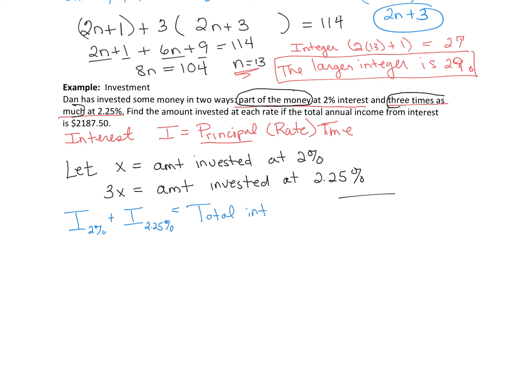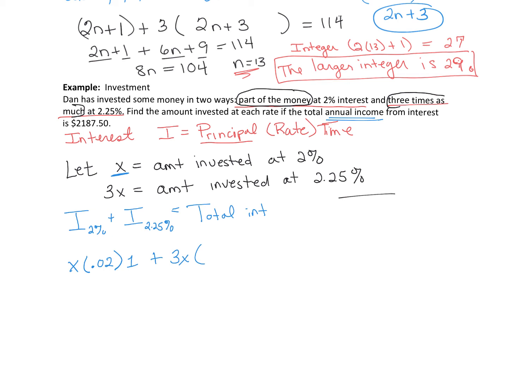So the interest from the 2%, we're using X, is principal, X. The rate is 0.02. And the time is 1 year. So we know that because it says annual income. So 1 year. For the 2.25, we have 3x times 2.25.